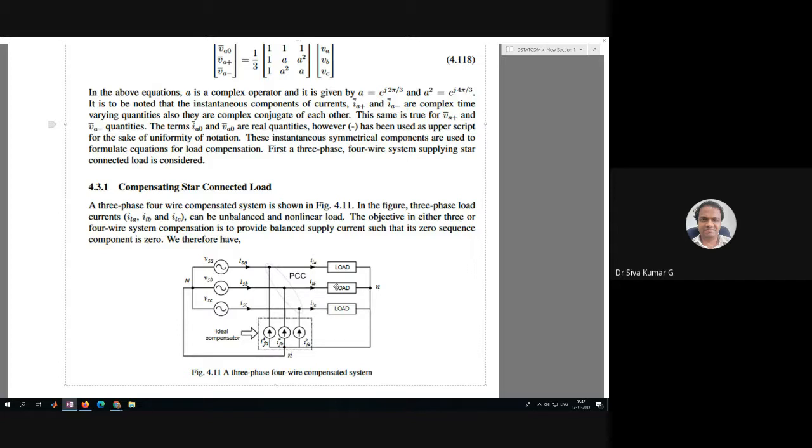We use the instantaneous symmetrical component theory in generating the filter currents, which are i star FA, i star FB, and i star FC. These are the currents we are generating.